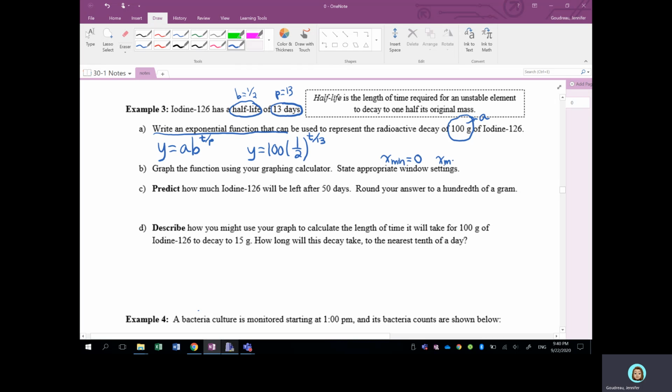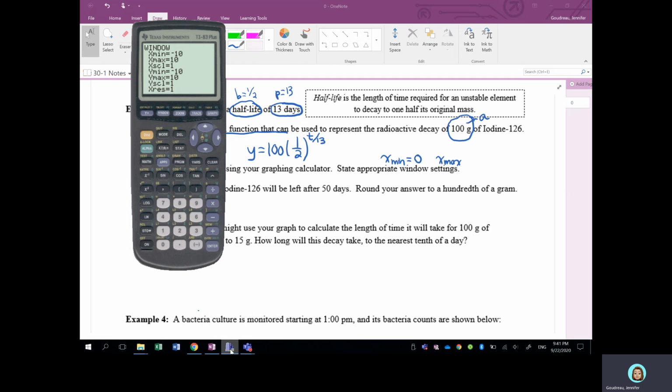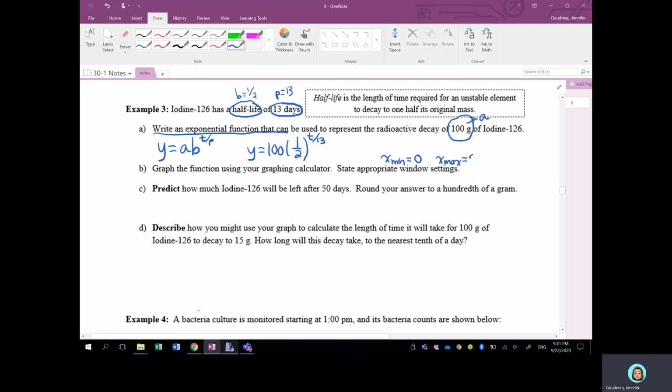Our x maximum is going to represent the number of days that this substance is going to decay for. Now, I don't know how long we're going to let it decay for, but part C is giving us a value of 50 days. So it might be nice for our graph to go at least as high as 50. So my x maximum is going to be 50.